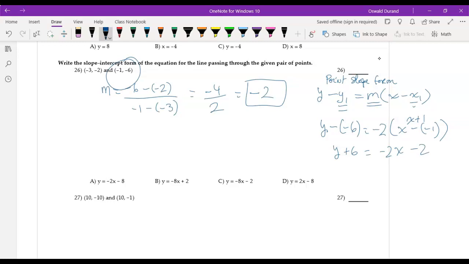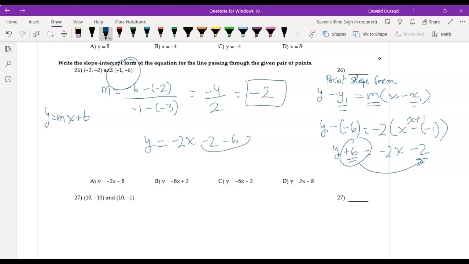Okay, so we're almost done because we almost have it in slope-intercept form, which is y equal to mx plus b. Right? So all I have to do here is solve for y. Move that +6 to the right side, and I should get y equal to -2x minus 2 minus 6.